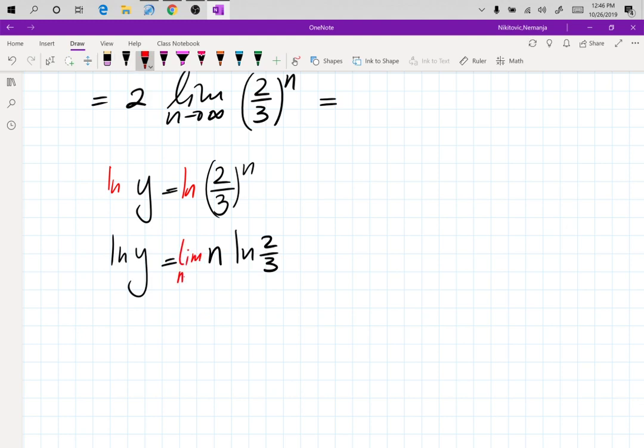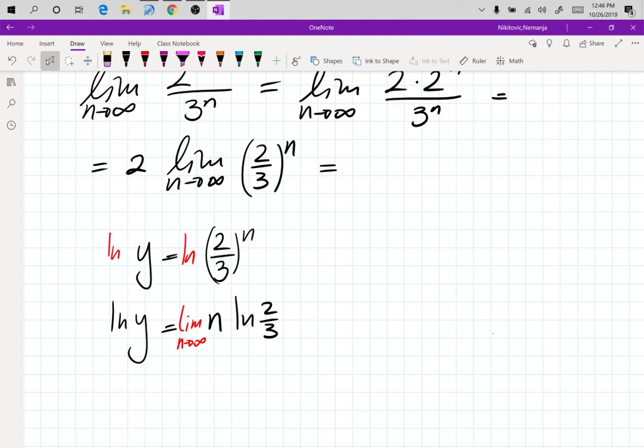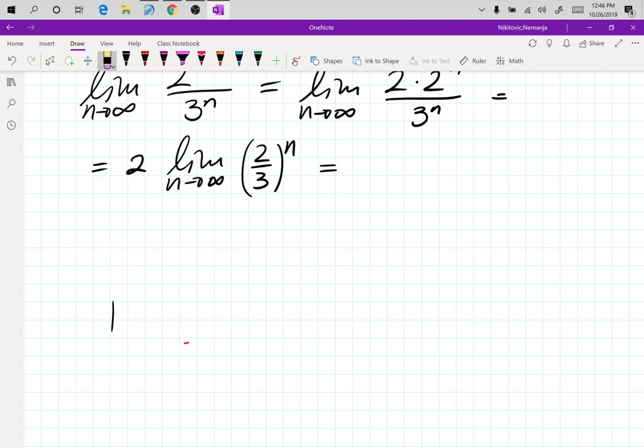So when I take the limit of n goes to infinity, what do I get on this side? I get infinity, right? Does this make any sense? Yeah, I get it. Actually, let me write it differently. Let me try a better approach.